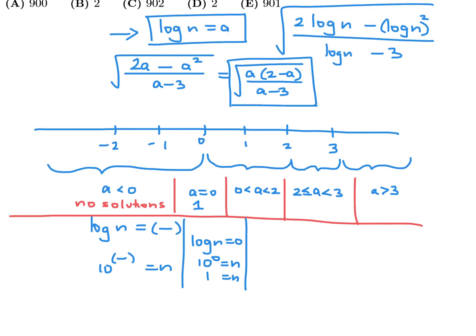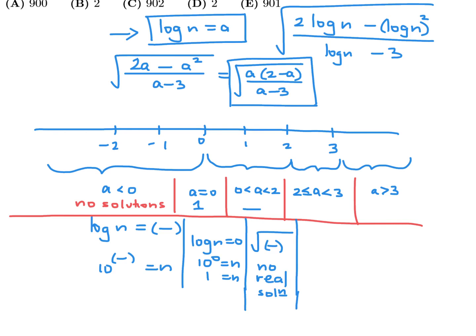But so far I think we're doing a good job. When a is in that interval, that basically becomes, for example, if you put 1, a negative number. And therefore, since it's a negative number, we won't get any real solutions. Okay, so that one gives nothing.